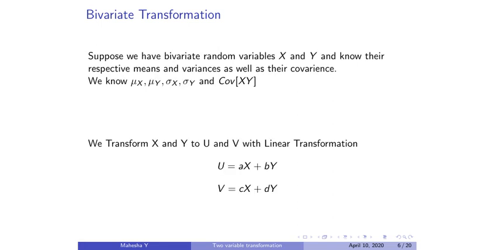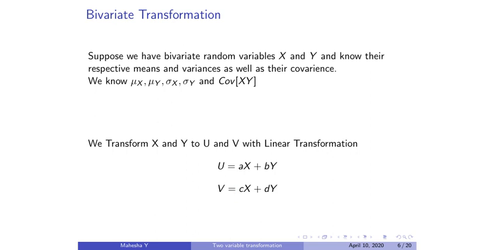Then we can transform x and y to a new set of variables u and v with a linear transformation, u equal to ax plus by and v equal to cx plus dy. Because we are discussing bivariate, there should be two new variables from the old variables. That is why we have u as well as v.